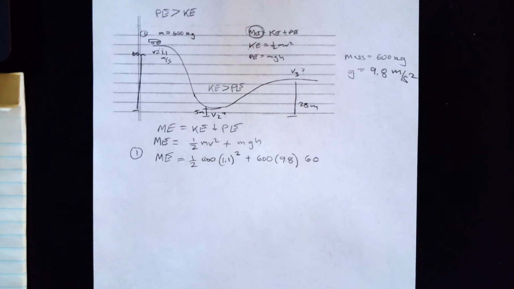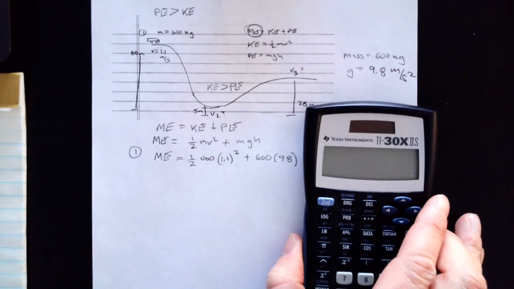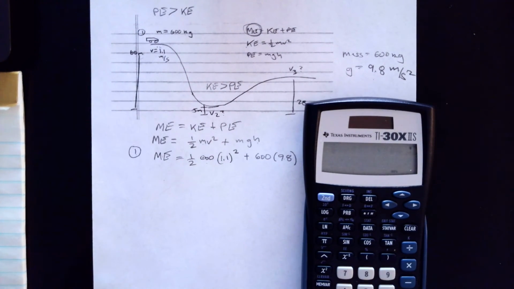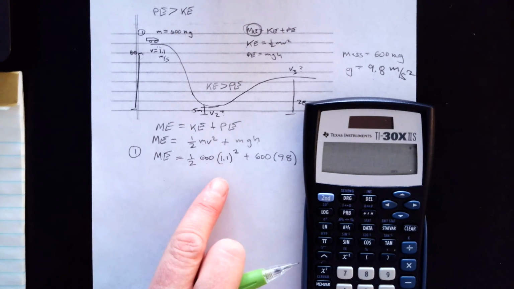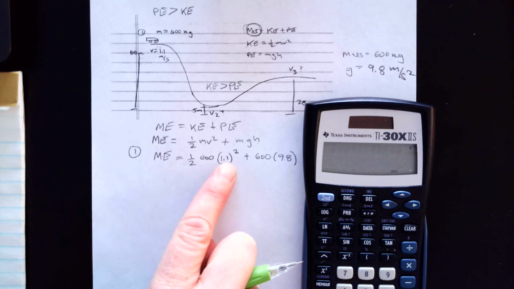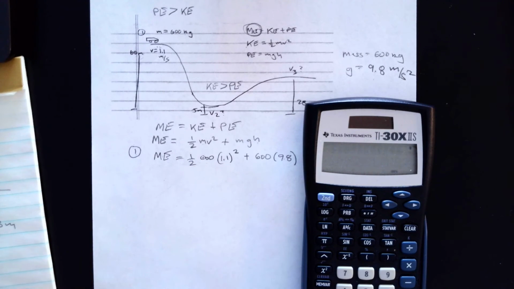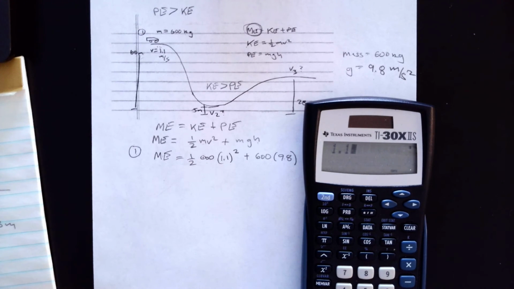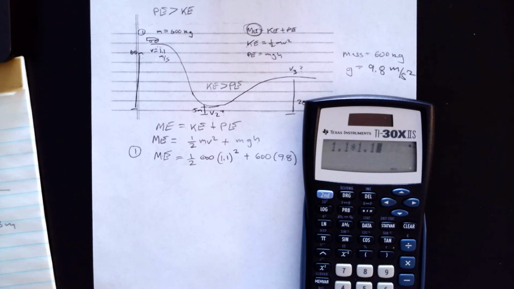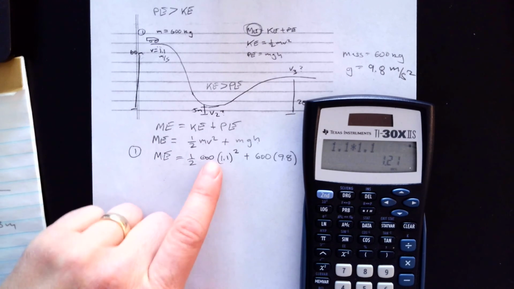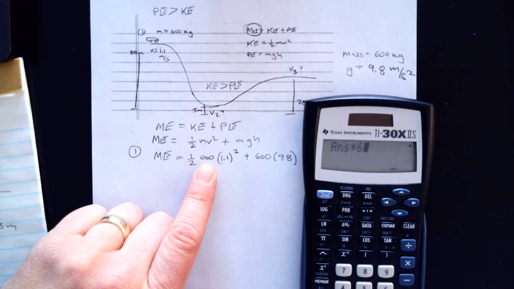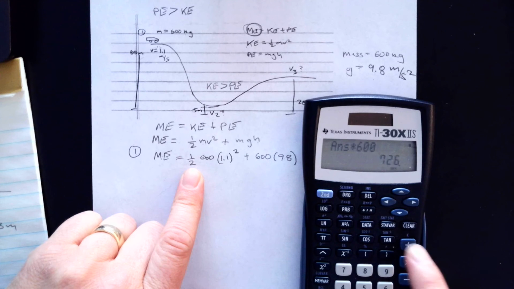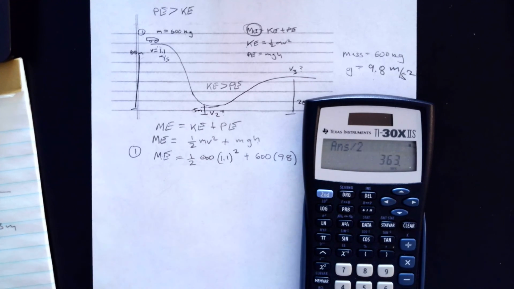Now I need to take my calculator and start calculating. The first thing I would do is this part right here. I'm going to go 1.1 and multiply it by itself. Then take this times 600, and divide that by 2.